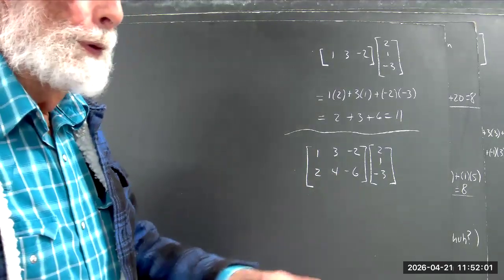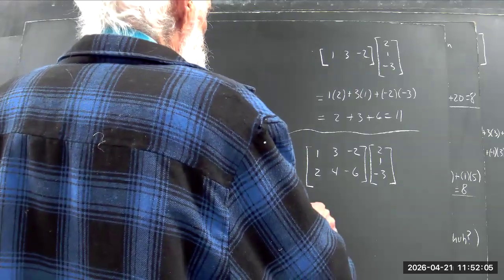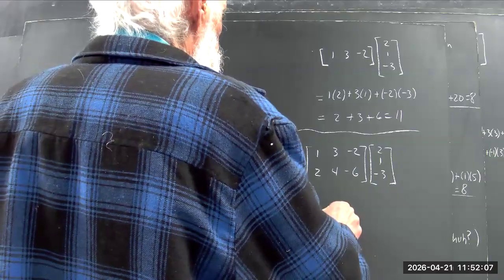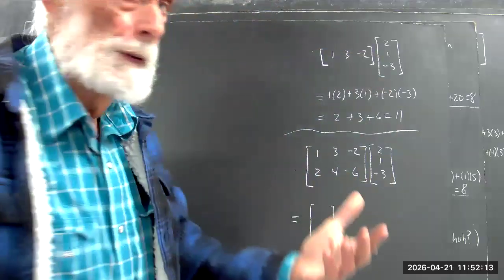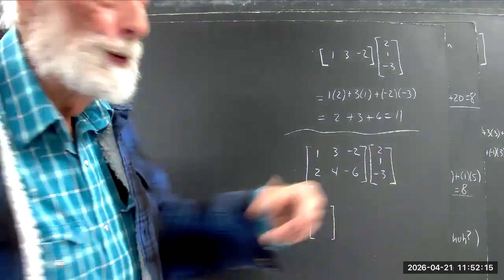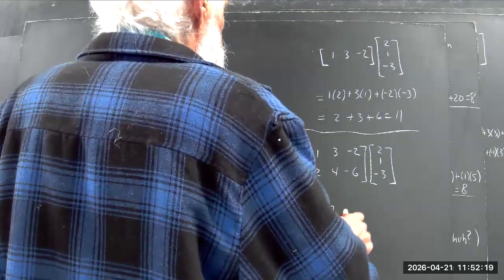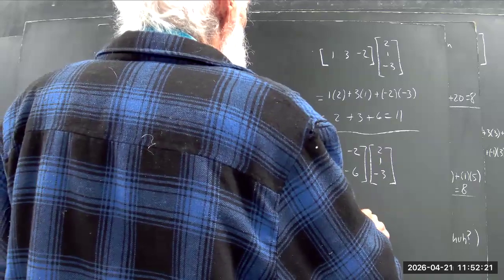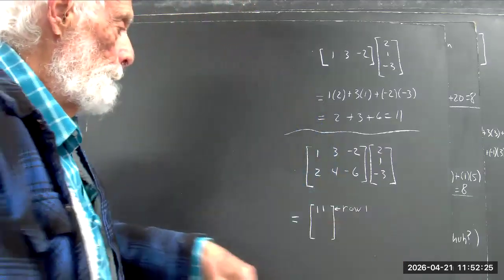Now, what you actually do with those, it's going to give you a matrix. When you multiply the first row by the column, you get 11, just like you did before, right? Because it's the same. So we can write that one down. 11 goes in row 1.